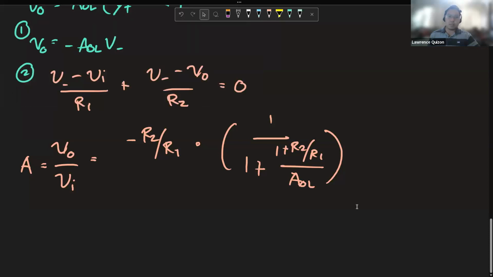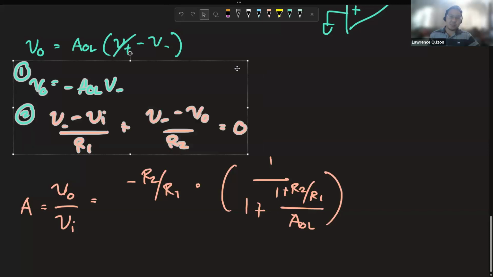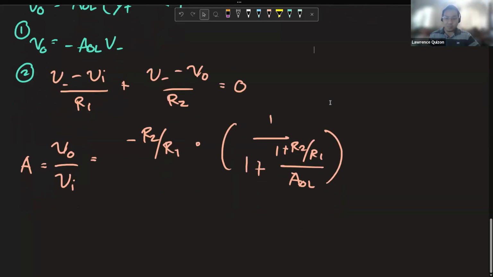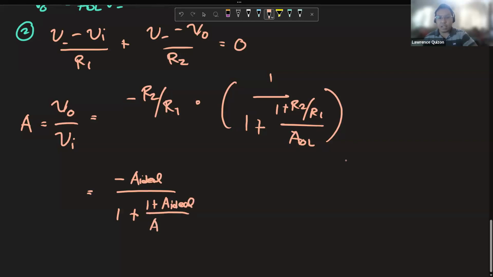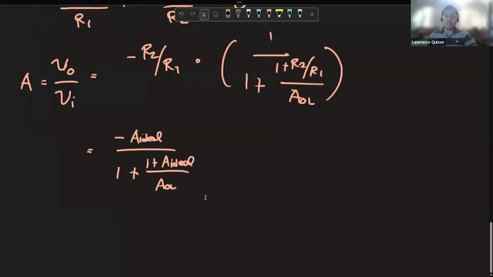Getting from here to here is once again left as an exercise to the reader. But that's just 2 equations for 1 node, and everything is linear, so that should be doable. There's also one other simplification that we can apply: we can name the ideal gain as the ideal gain in order to get this equation.